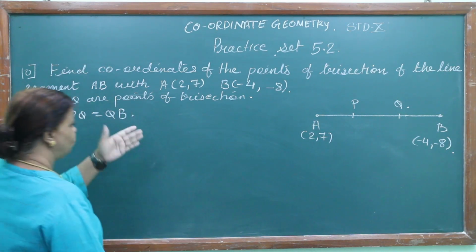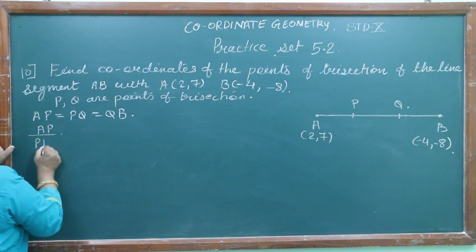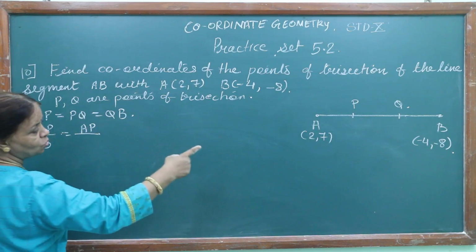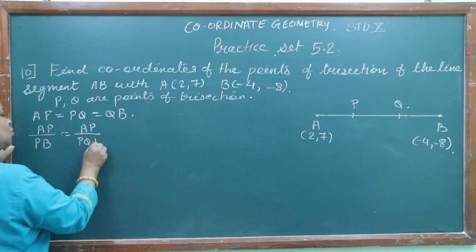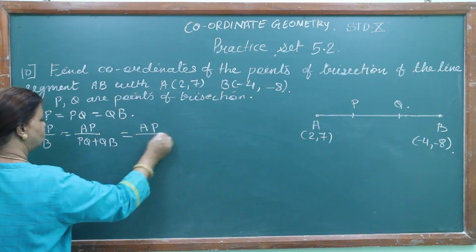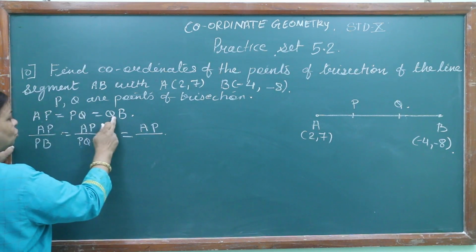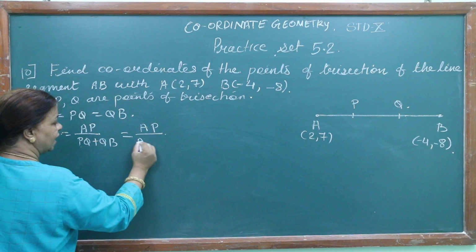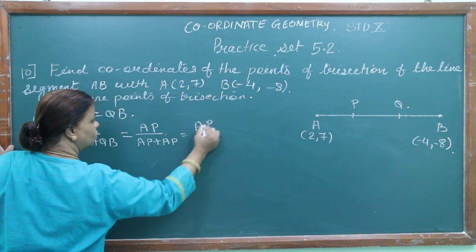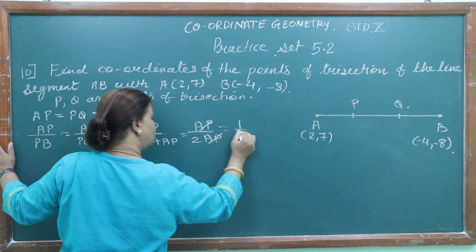Fine. So we will take AP upon PB, and AP upon PB is equal to what? AP upon PQ plus QB, and PQ and QB are also equal to AP. So I can write AP upon AP plus AP, AP upon 2 times AP. So AP gets cancelled, 1 upon 2.